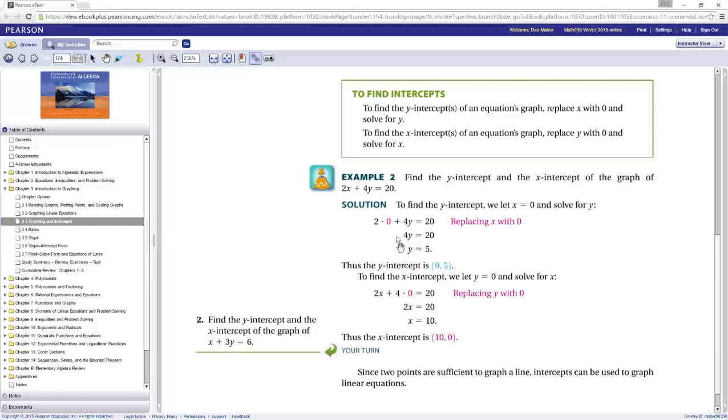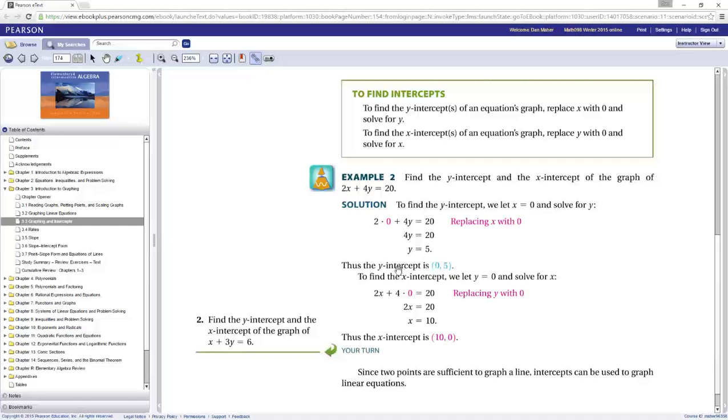And I end up with 0 plus 4y, which is 4y, equals 20. Well, I can solve this equation by taking 1/4 times both sides, or dividing by 4. That's the same thing. And I end up with y equals 5. So what I found is an ordered pair that happens to be the y-intercept because the x part of that ordered pair is 0. So I end up with the point (0, 5).